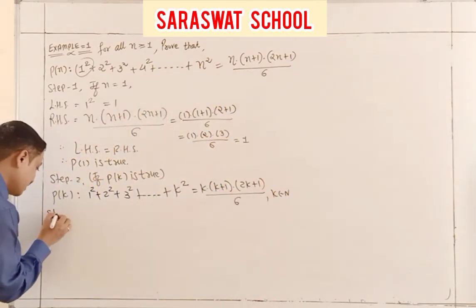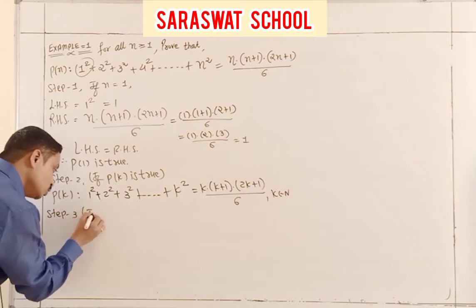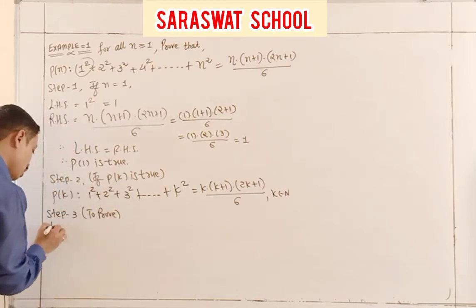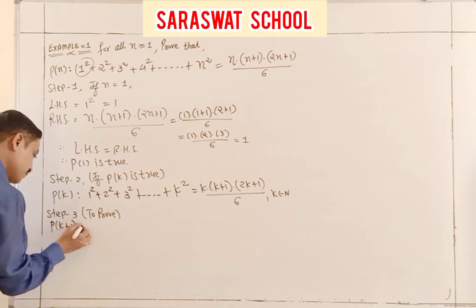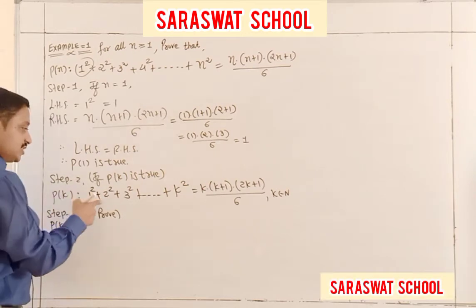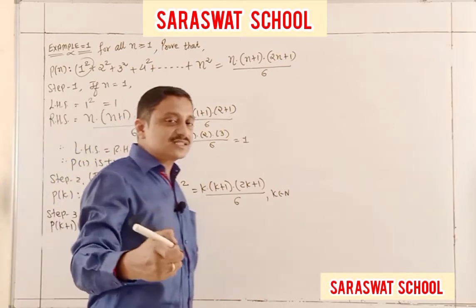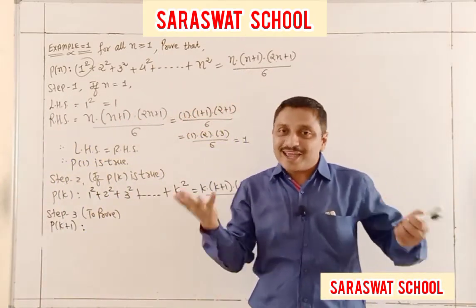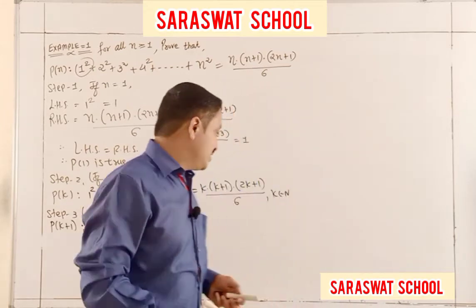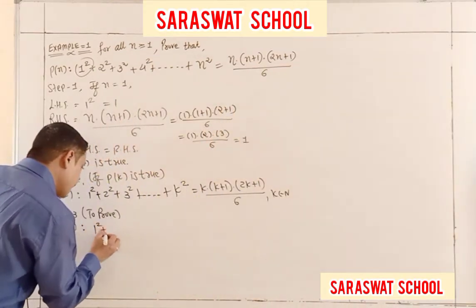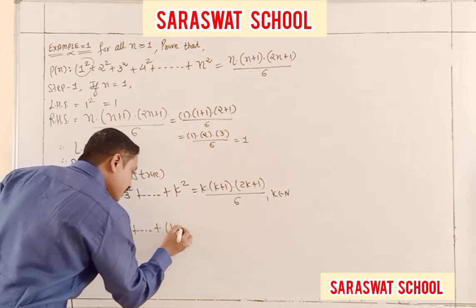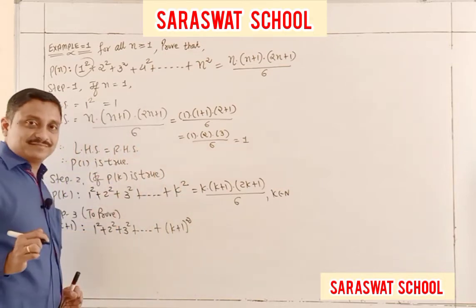Now step 3, which is to prove. What is to prove? P of k plus 1. So in this statement I just translate the k value in terms of k plus 1: 1 square, 2 square, 3 square up to k plus 1 whole square.